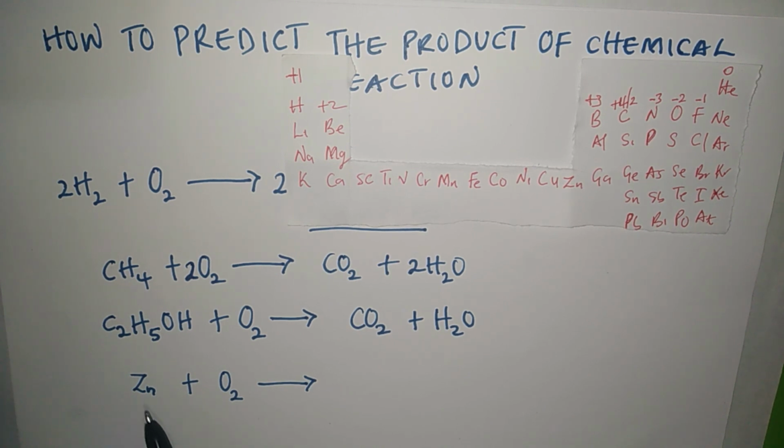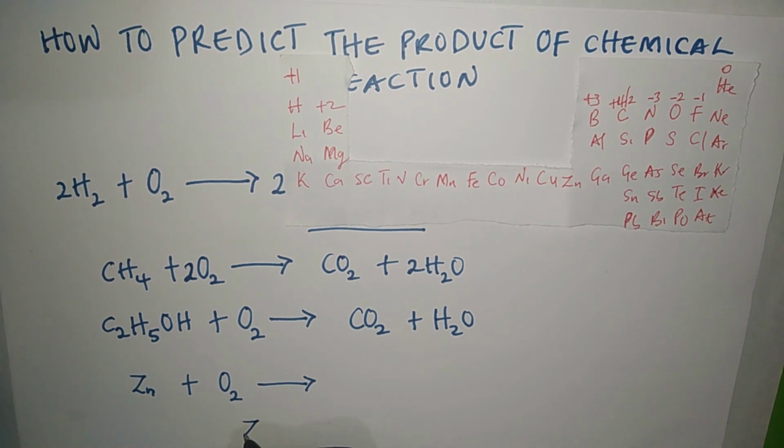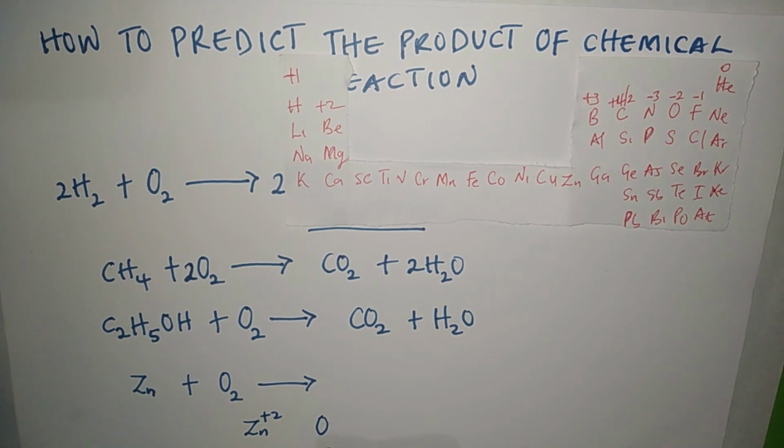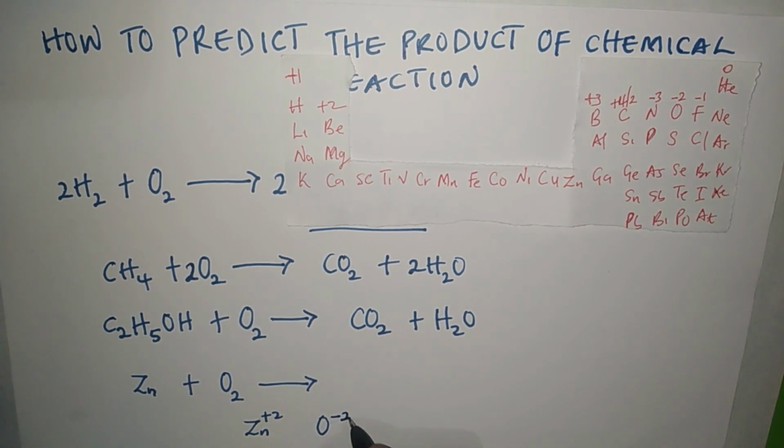How you go about it is this: you put down zinc. Zinc has a +2 charge, and then you put down oxygen, and oxygen has a -2 charge.